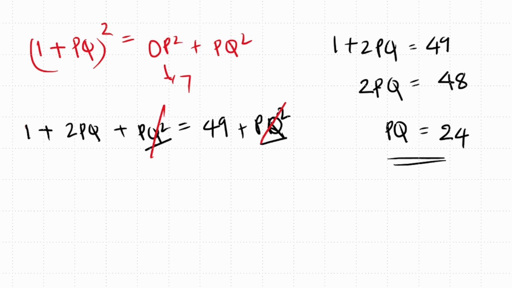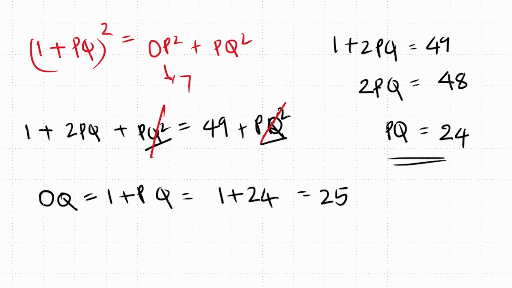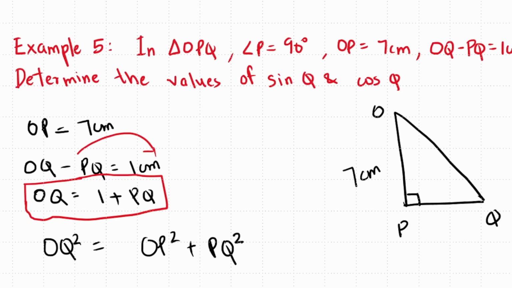And they have asked us, yes, you need to know the value of OQ. What is OQ? OQ is 1 plus PQ. So it's 1 plus 24. It's 25. They've asked us to find the value of sine Q and cos Q. So this is angle Q. With respect to angle Q, for finding sine, you need to find the opposite side, right?